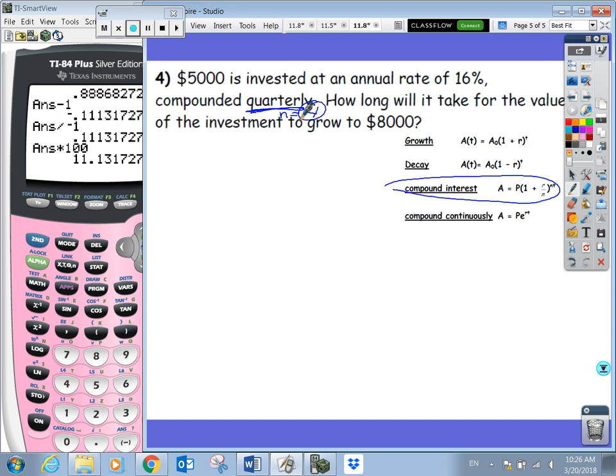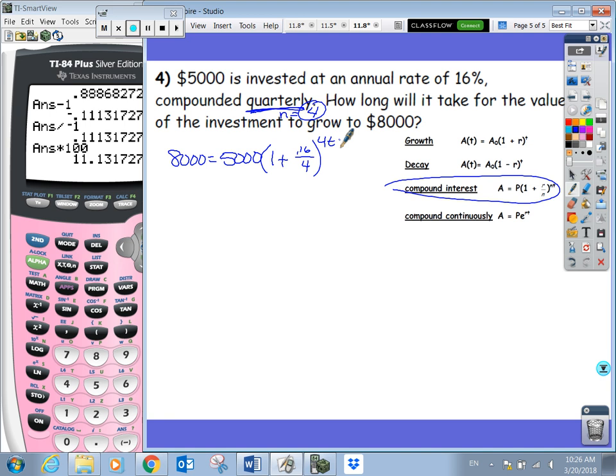Annually, semi-annually, quarterly, monthly, or daily are the types of how it can be compounded. All right, so it gives us the end amount is 8,000. The beginning amount is 5,000. 1 plus r, 0.16, over n, quarterly is 4, raised to the n t, so 4t.